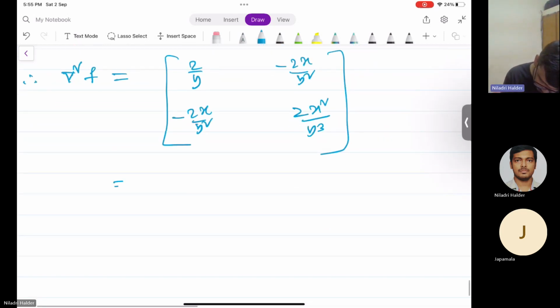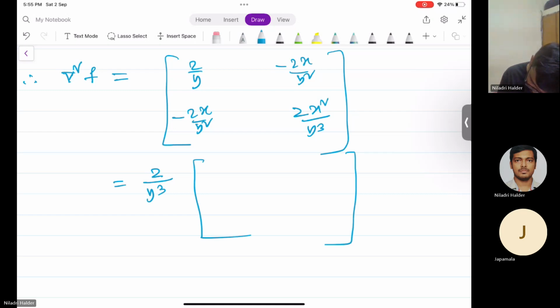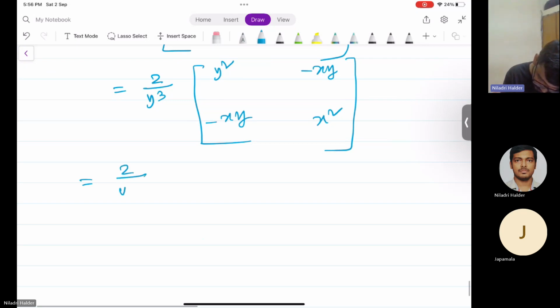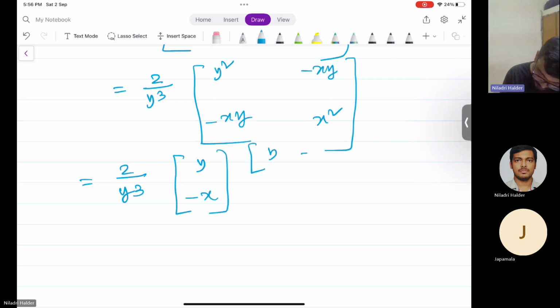This is the same as 2 by y cube taken as common: y square, minus xy, minus xy, x square. Same as 2 by y cube times (y minus x)(y minus x). You can check it: y square minus yx minus xy plus x square.